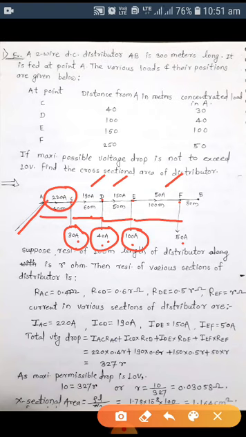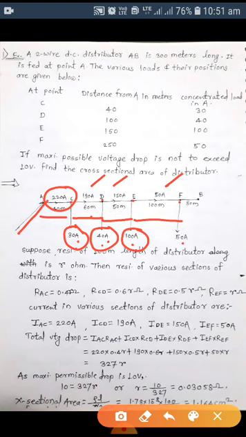So now let's assume that the resistance of 100 meter length of distributor is R ohm. That R ohm is the resistance of the 2 wire distributor having the length of 100 meter. As 2 wires are present in the distributor, that is phase conductor and return conductor, the resistance of both the conductors of 100 meter length is R ohm. That is our assumption.